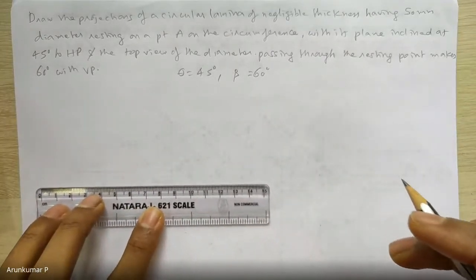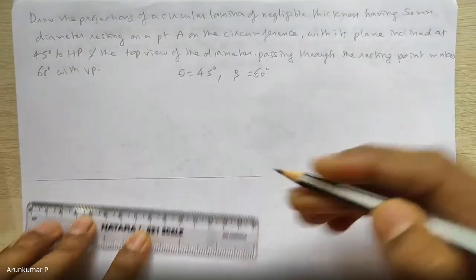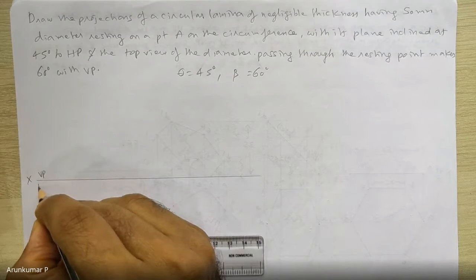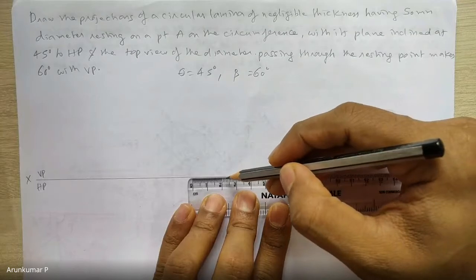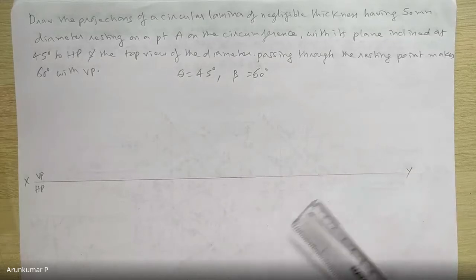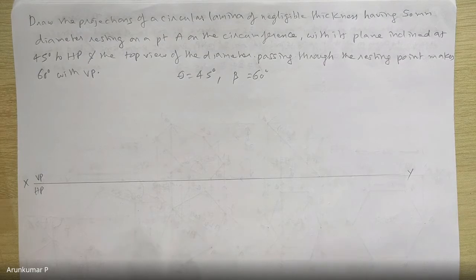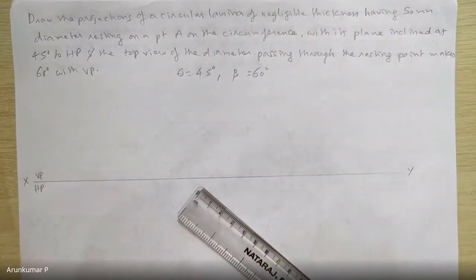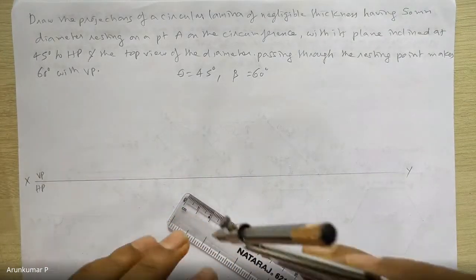So, XY line. In the top view, you have to first draw a circle of 50 mm dia. That means you have to measure 25 mm as the radius. So radius should be 25, then diameter would be 50.